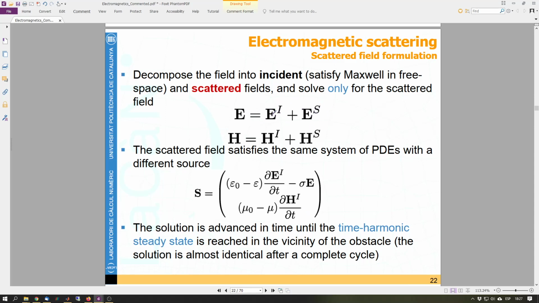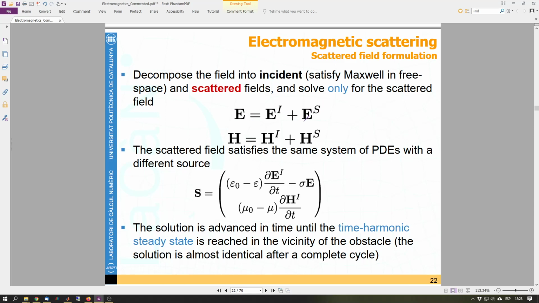Okay? And the incident wave is known, and what we can measure, in fact, might be our global solution, which is the sum of the incident and the scattered field. So we may try to solve for E or just for S, knowing that what we are measuring, in fact, is the sum of the two.